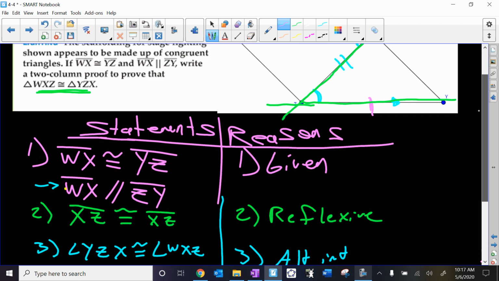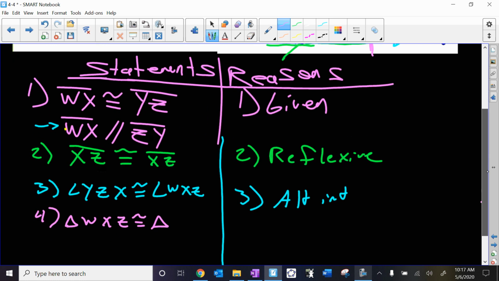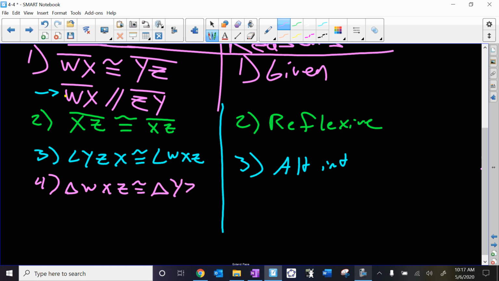So triangle WXZ is congruent to triangle YZX by side angle side.